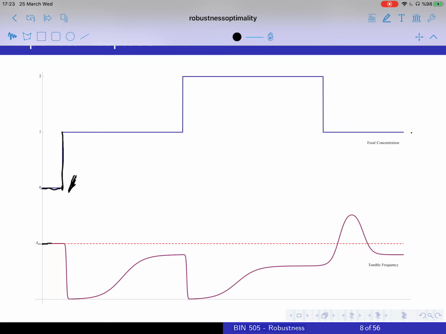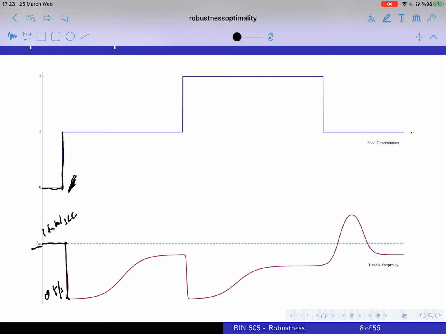Now the bacteria were tumbling along maybe at 1 tumble per second or something like that. And the moment the food increased, the frequency at which they tumble suddenly dropped. So now they're tumbling at maybe 0 or close to 0 tumbles per second.